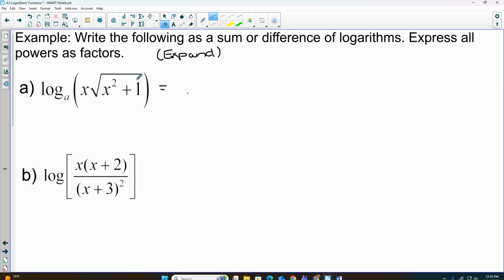Okay, you could take that square root and it's the same as what? A 1/2 power. So I have x times x squared plus 1 to the 1/2.